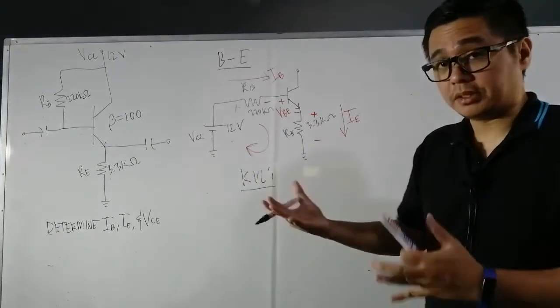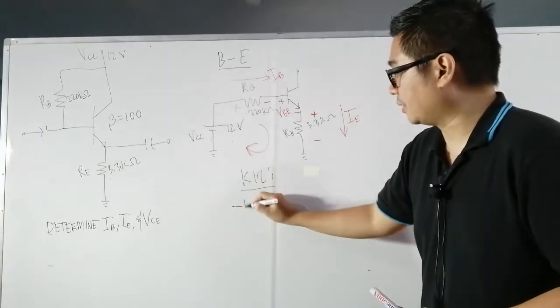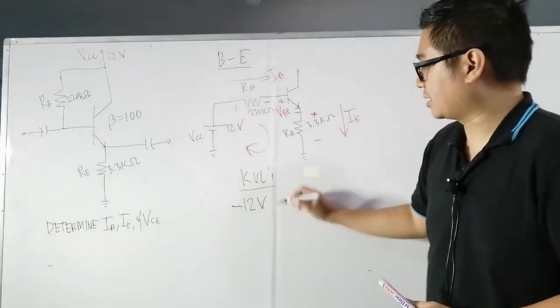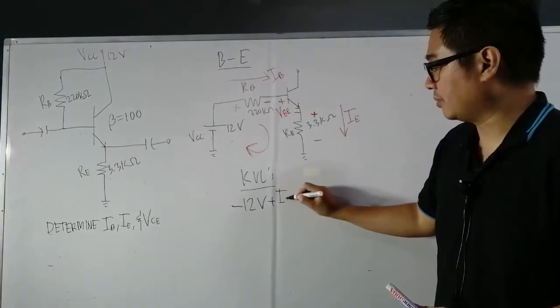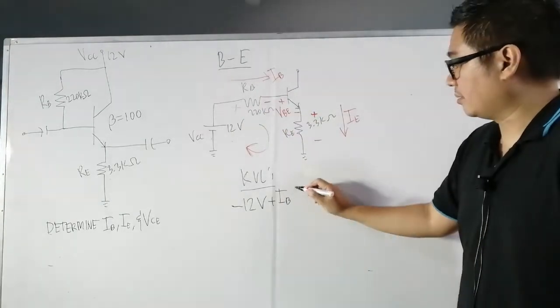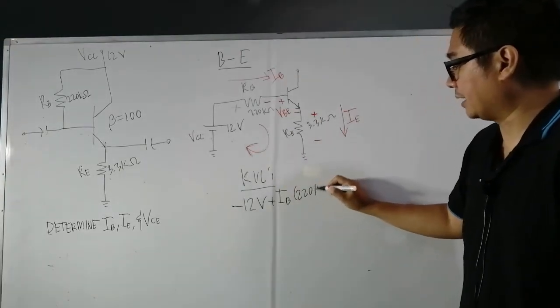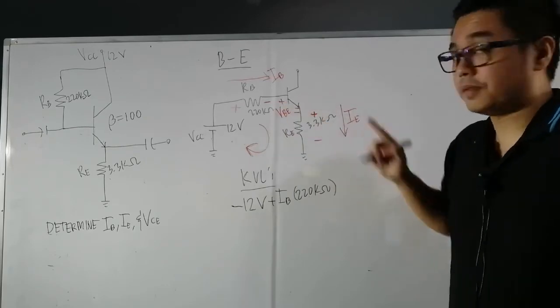So this is minus 12 volts. So i-directa na natin, no? Lagay na natin yung may mga values. Minus 12 volts plus IB is unknown. That's why nilagay muna natin siya as a variable. Multiplied by RB, which is equal to 220 kilo. So i-directa na natin. Plus VBE.